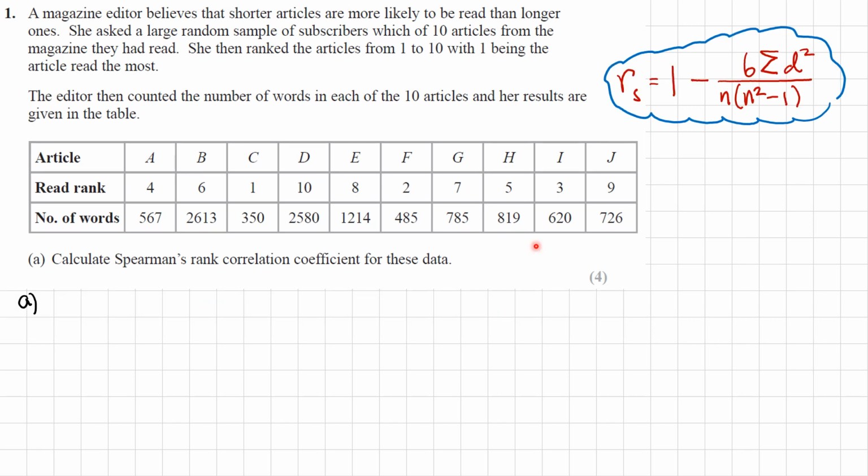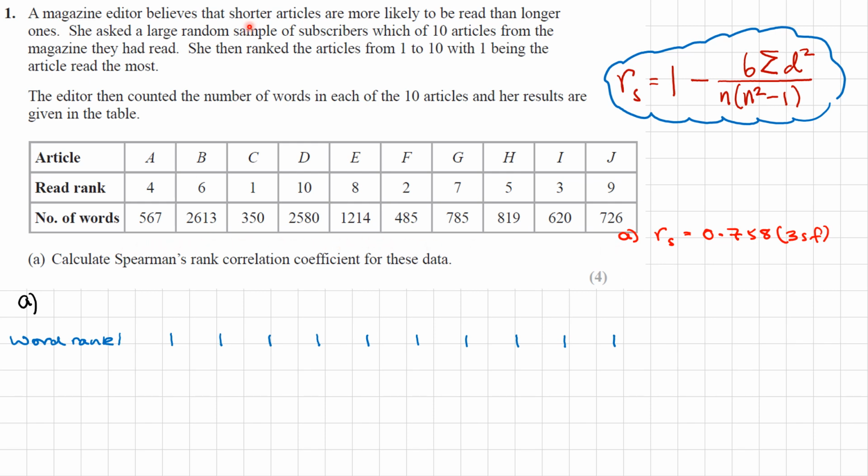So for this part of the question, we are going to need the formula to find Spearman's rank. But before we can attempt this part of the question, we need to rank the number of words for each of these articles. So I've added a word rank row here in my table, which I'll fill in a moment.